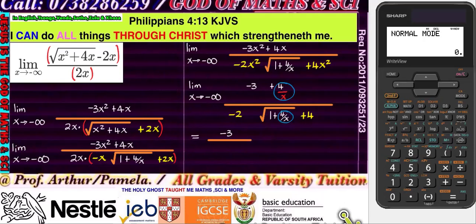Now watch at the bottom, you've got negative 2 times the square root of 1. Well, it's going to be negative 2, then plus the 4. Can you see that? It gives you the same answer. All right, there we go.